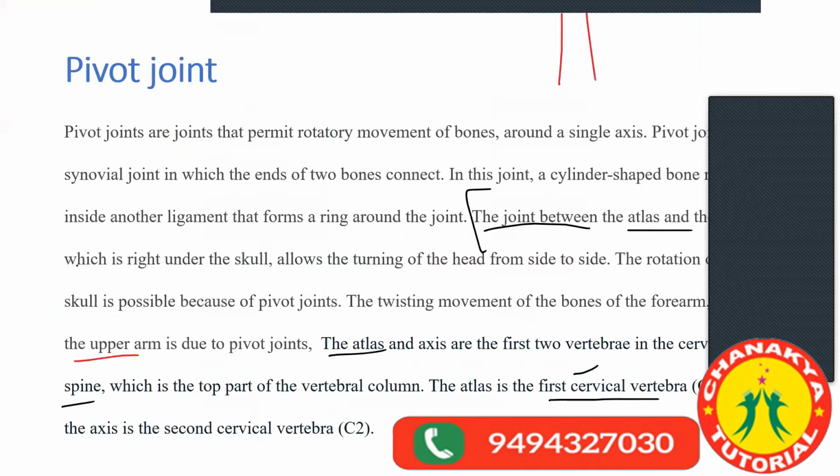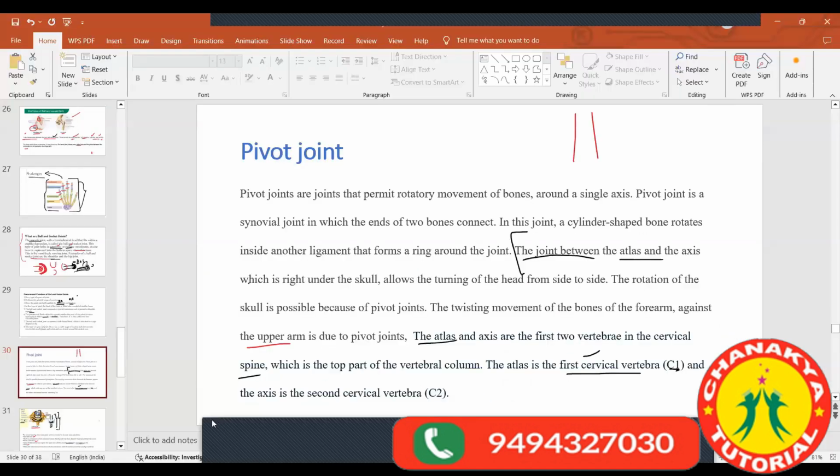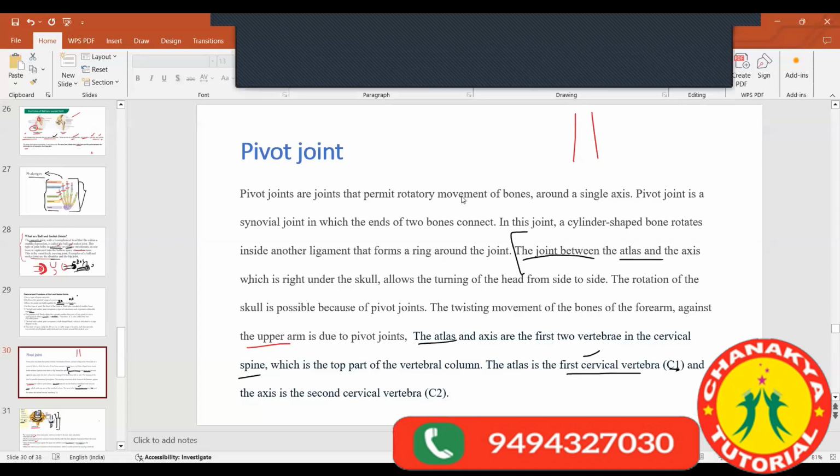Okay, correct. So it is the joint between the atlas and the axis. Adya, I hope you know what atlas and axis are. Do you have any idea? No. So can Neha tell me what the atlas and the axis are?